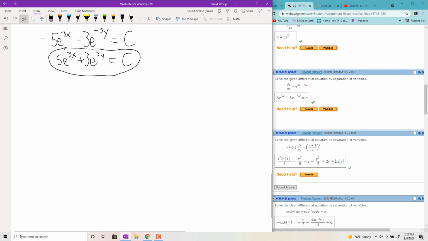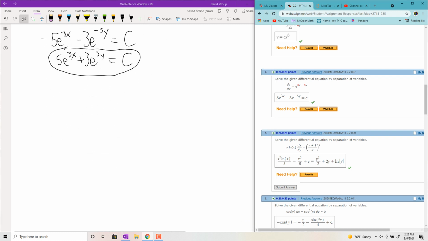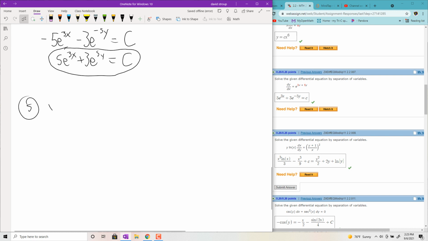Let's look at another one here, number 5. This one looks like a nightmare. I'll go ahead and rewrite this a little bit. First off, it's dx over dy here, so I'm going to rewrite it as dy over dx just so it's more familiar to me.